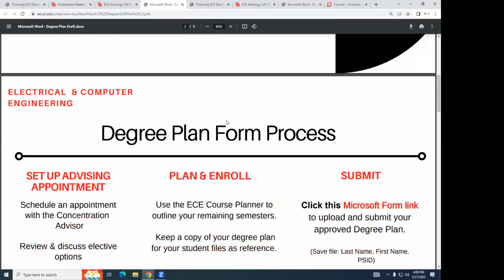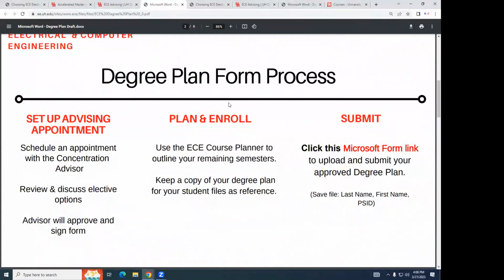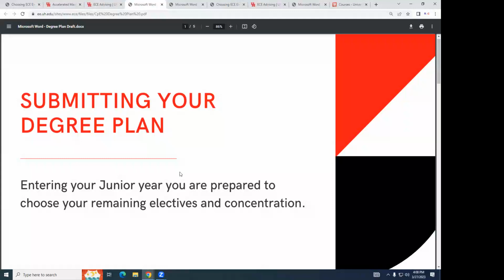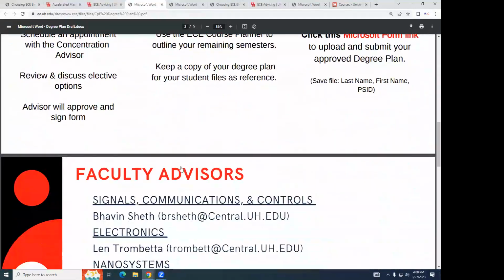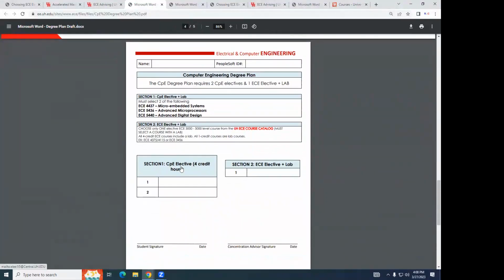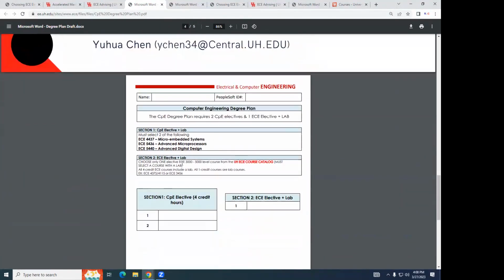Electrical engineering. Ah, right, sorry. Computer engineering. Oh, it's the same thing. Oh, there's the computer engineering. Why do we have this there? We don't need that.